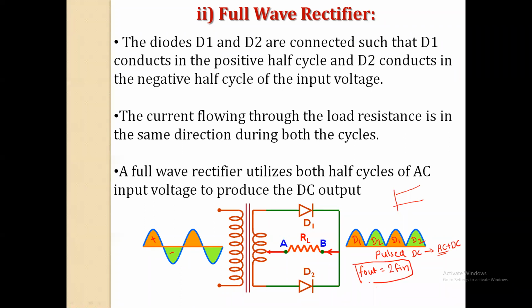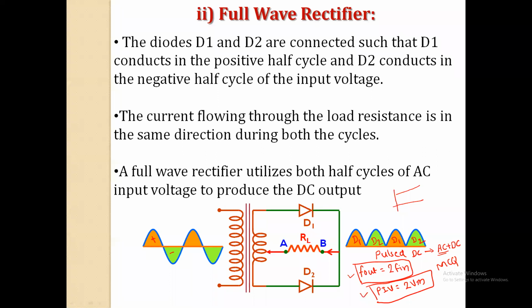Is it right? And the PIV rating of the center tap full wave rectifier circuit is nothing but twice VM. So these are the two important things that may be asked as MCQ type questions. Is it right? So it's my request to you all, please take a screenshot of this slide so that you will get these two MCQs: the output frequency of a center tap full wave rectifier circuit and the PIV rating of a center tap full wave rectifier circuit.